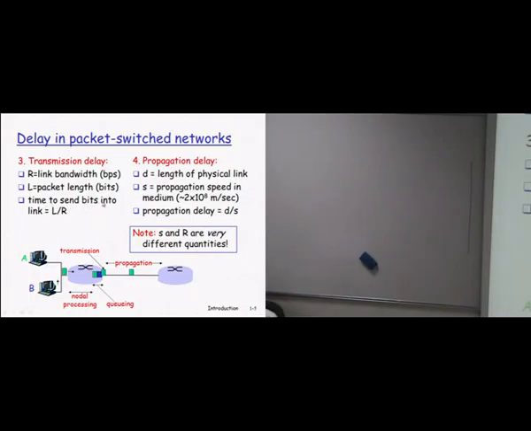The fourth type of delay is the propagation delay. Propagation means if I am throwing a ball to you, the propagation delay starts when the ball starts its journey, leaves my hand, and continues until it is caught by you.